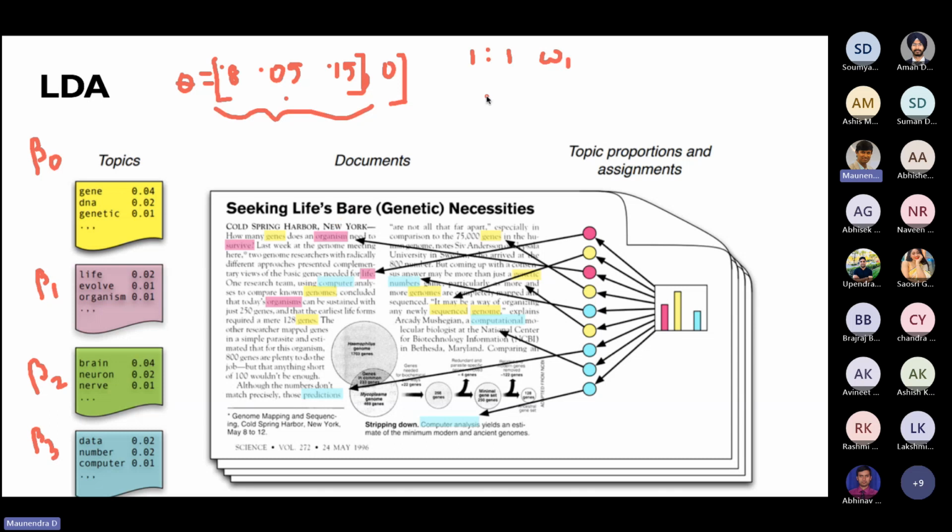Now for the second word, again I select a topic based on this. We assume that there are 4 numbers that I can possibly generate according to these probabilities, and I generate the first topic. So now I'll go to the word topic vector for topic 0, which is beta 0, and based on these probabilities I'll sample a word from there.